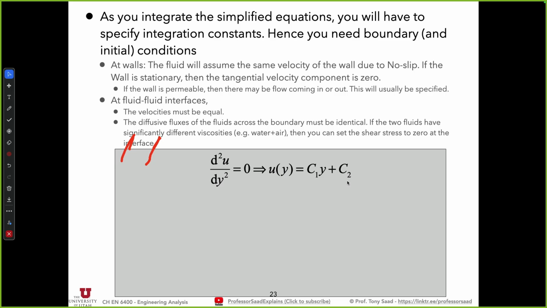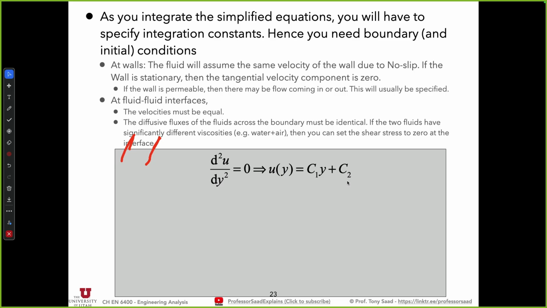Now remember, what did I say? I said if you don't have pressure gradients or gravity, the velocity profile is going to be linear. If we had a pressure gradient or a gravity term, this would be a second derivative equal to a constant, and you integrate that twice, it's going to be a parabola.